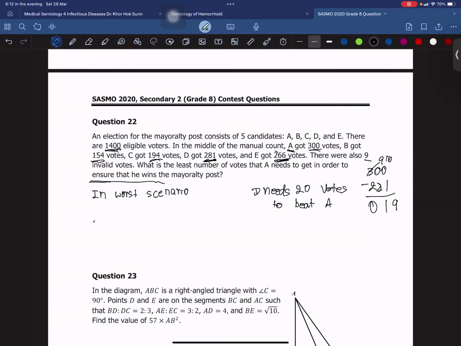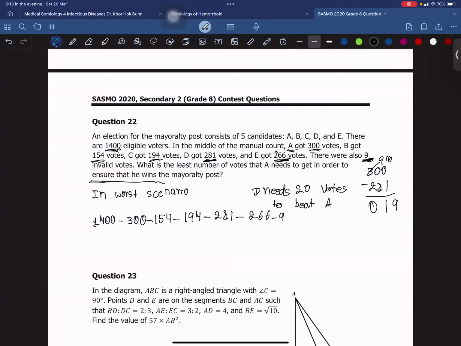So let's find it out. 1,400 minus 300 minus 154 minus 194 minus 281 minus 266. And there are also 9 invalid votes, which are votes that are not going to count for that election. So we're going to minus that too.